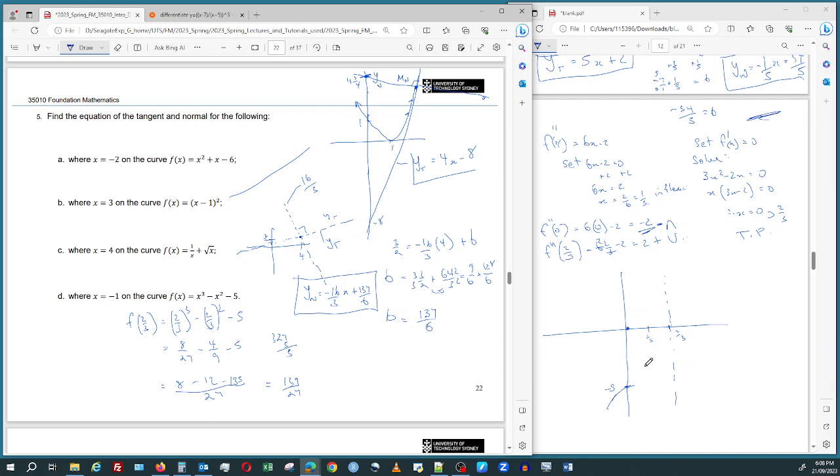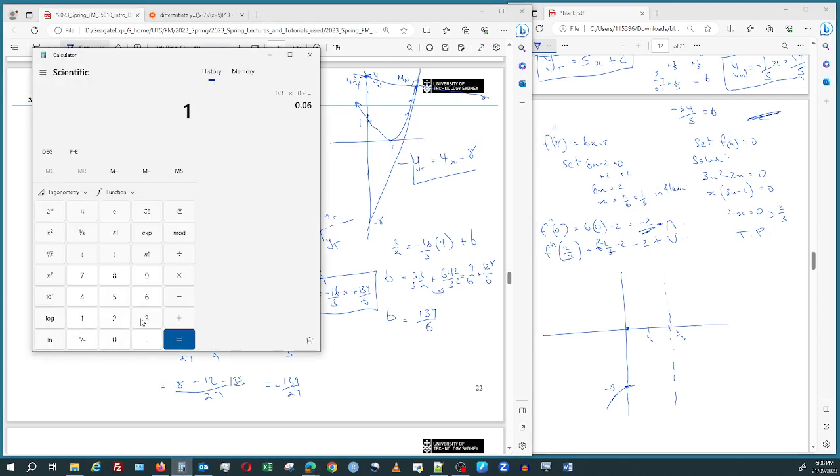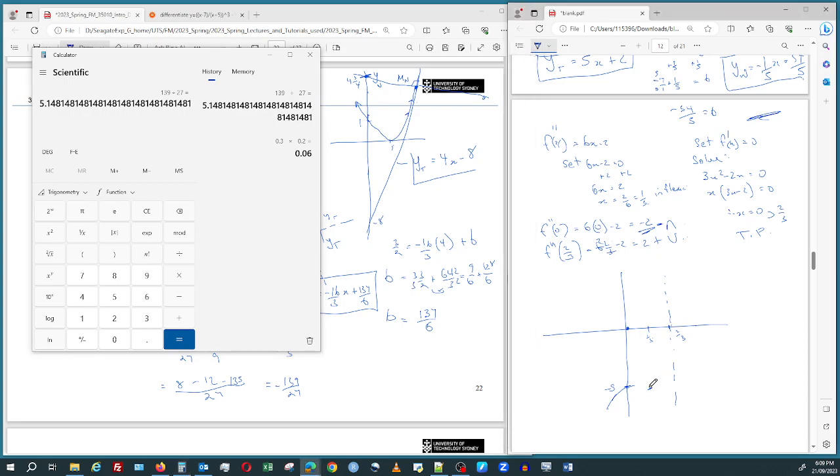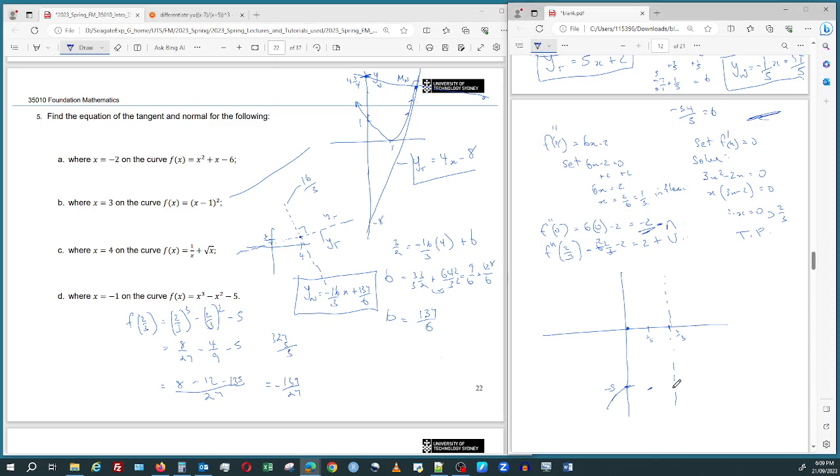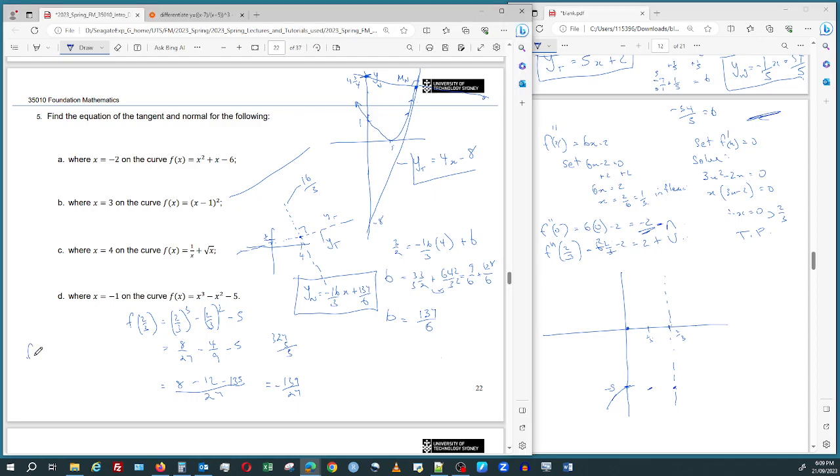So at 2/3 it's minus. I better just check that with a calculator. 139 divided by 27, 5.1. That's a little bit more than 5.1. It's here. And what's the 2/3 value? I just did that. So that's that one. Just a little bit more. And what's the 1/3 value?